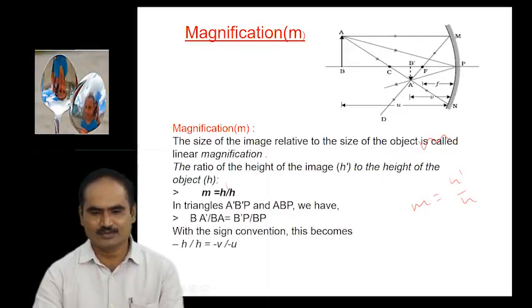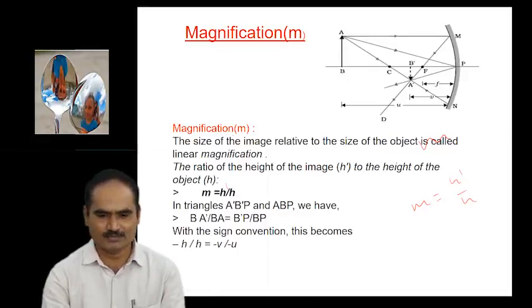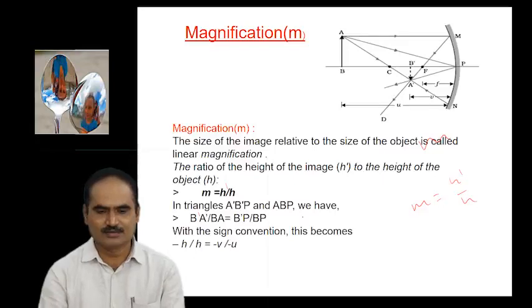That is it. So then A'B' by AB is equal to B'P by BP. That's what we'll take here once again. Okay, B'A' by BA is equal to B'P by BP, right?